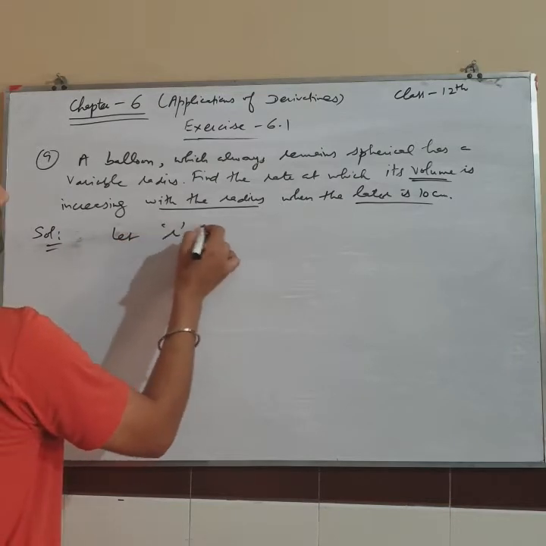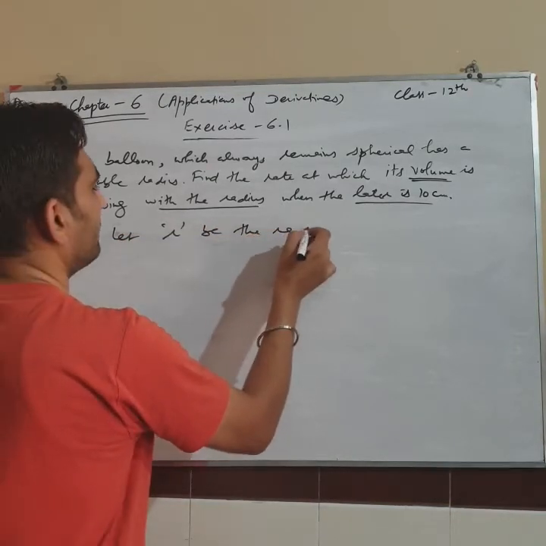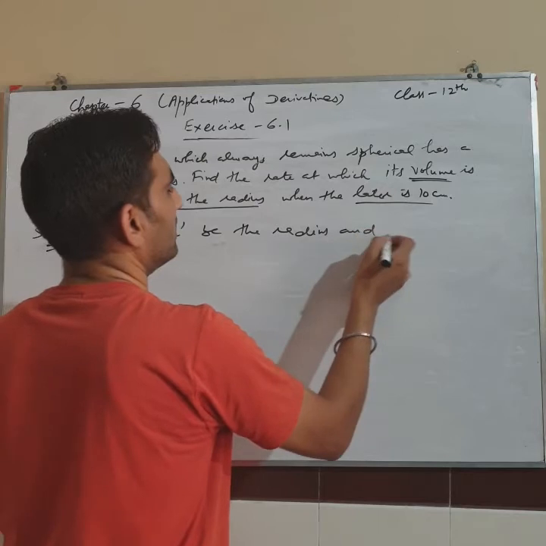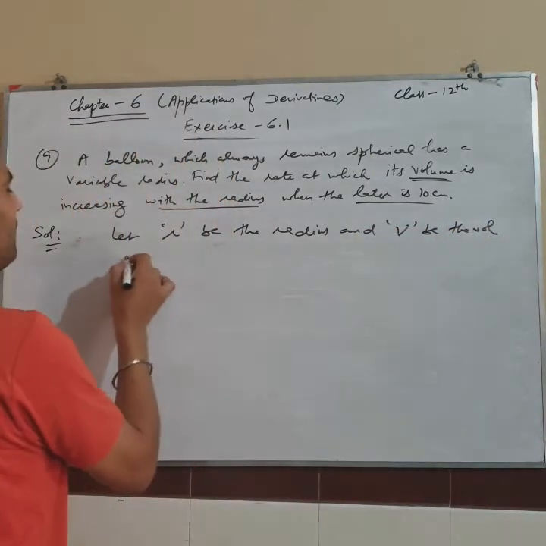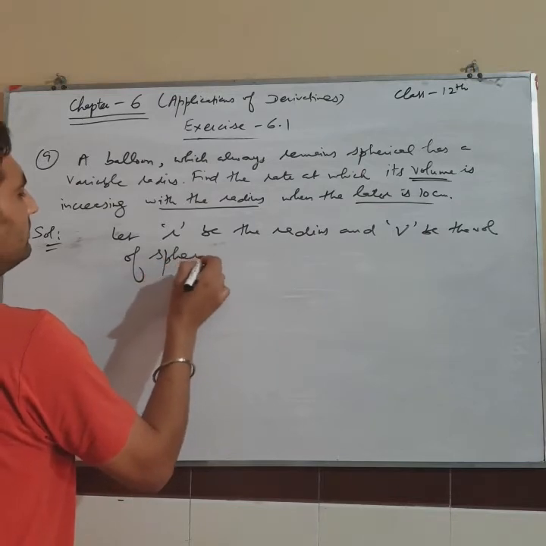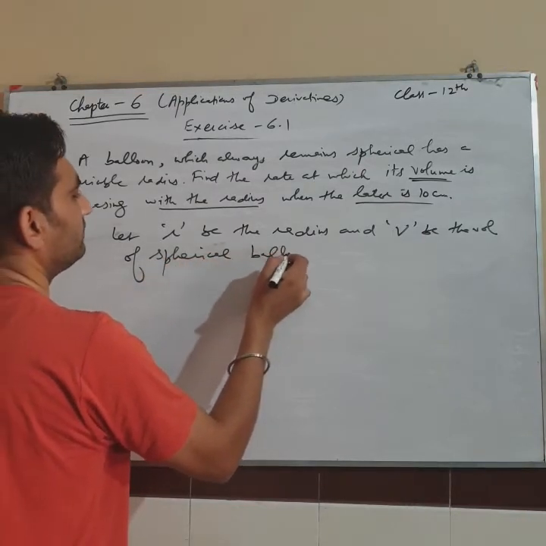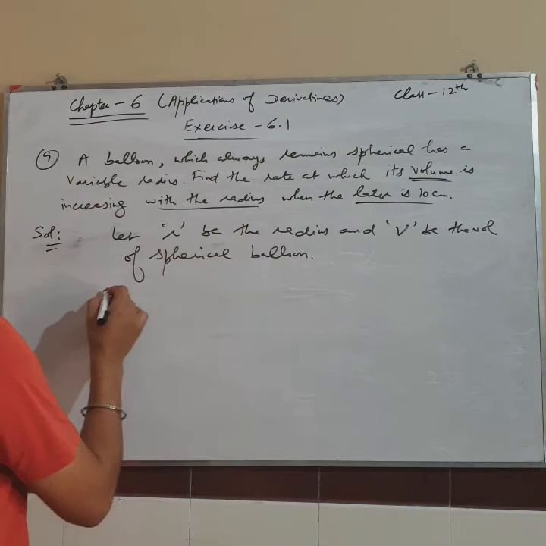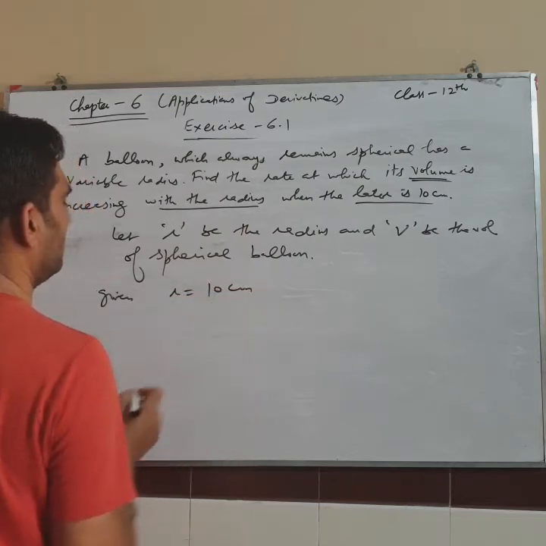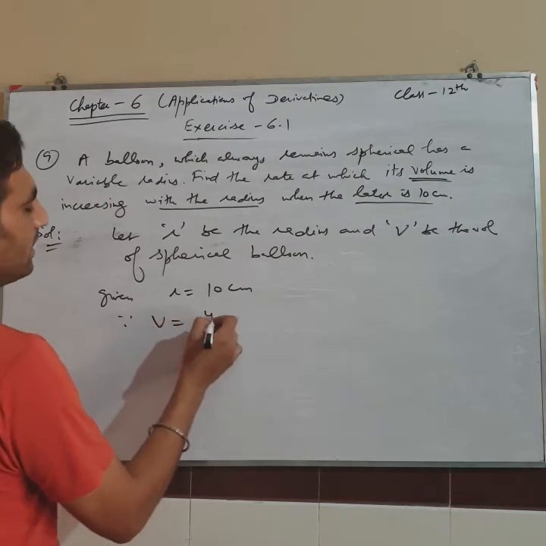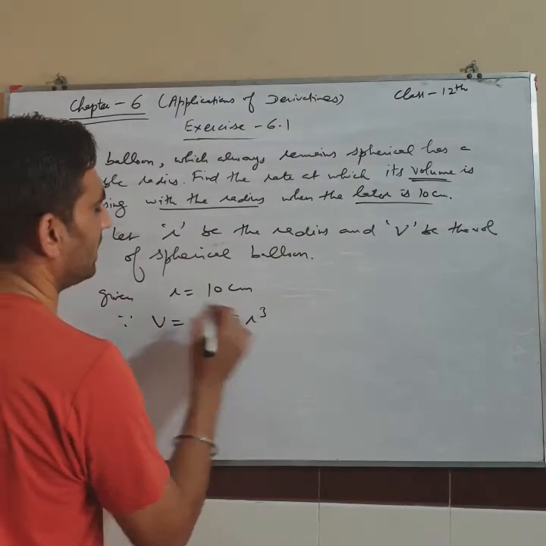Let r be the radius and capital V be the volume of the spherical balloon. Now write, given r is 10 centimeter, because volume of spherical balloon is 4 over 3 pi r cube.